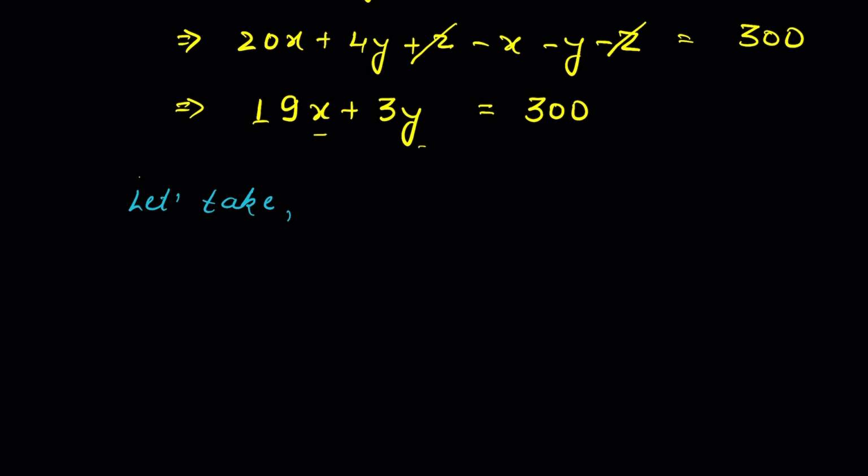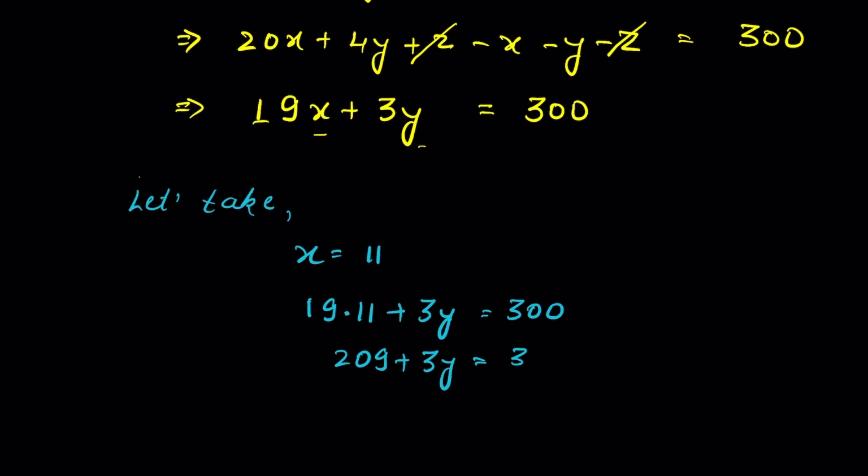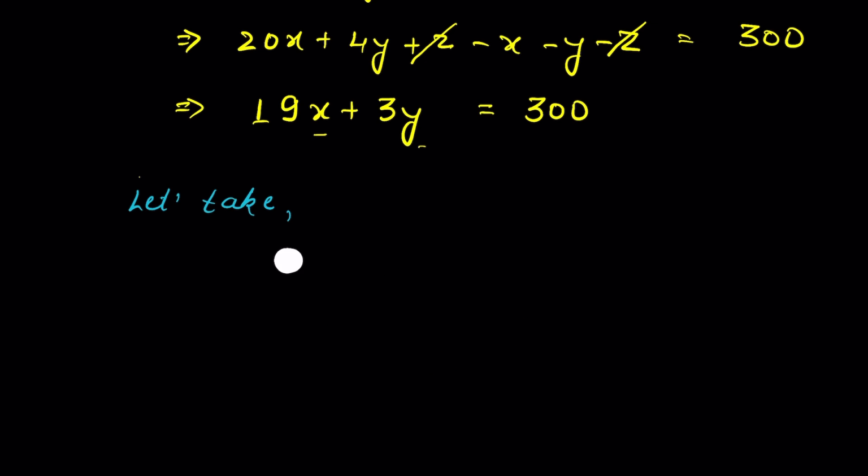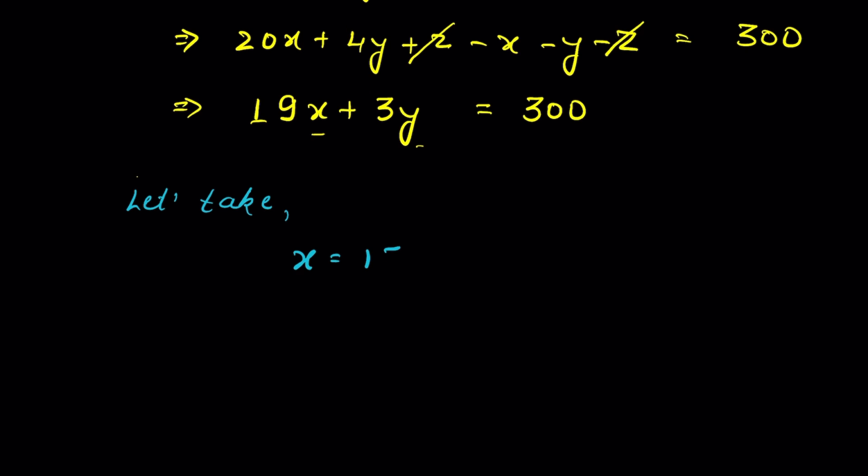If we take x equals 11, then 19 times 11 plus 3y equals 300. So 209 plus 3y equals 300. Again, this will not give us an integer solution. Let's try x equals 15.